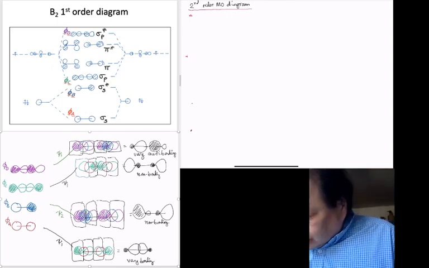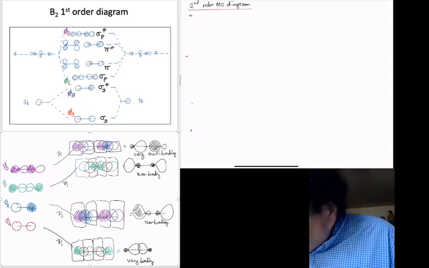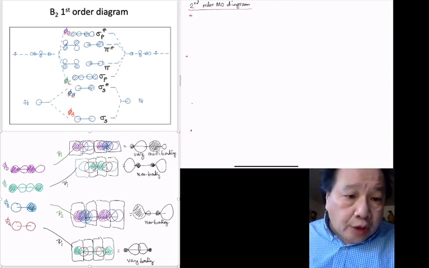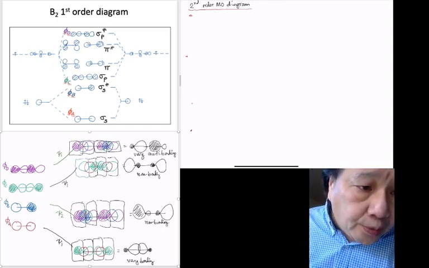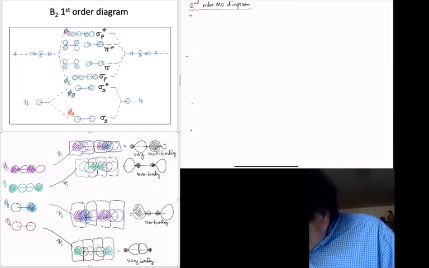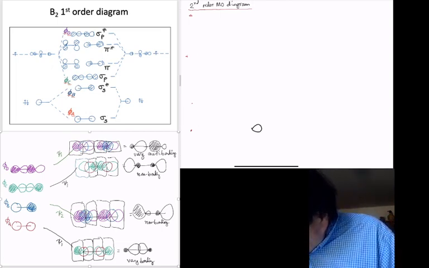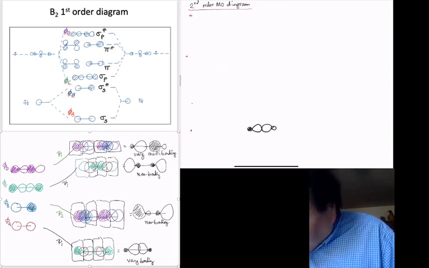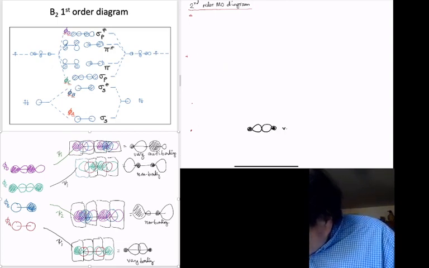And as we can see, I'll draw in black. I'll draw, again, that very bonding orbital that phi A turns into. I'll put it right here. There, that's the very bonding orbital.